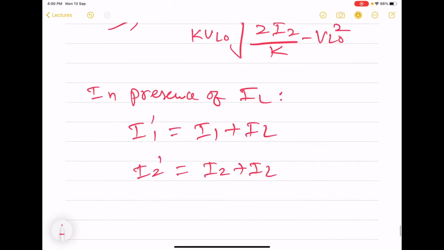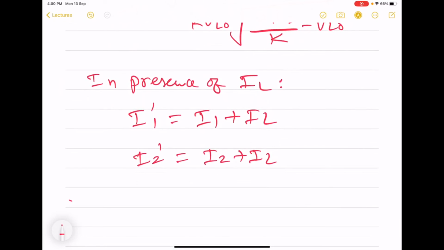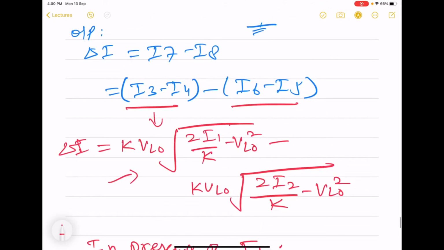And so therefore, for this final difference current, in place of I1 we will have I1 dash and we will have I2 dash.